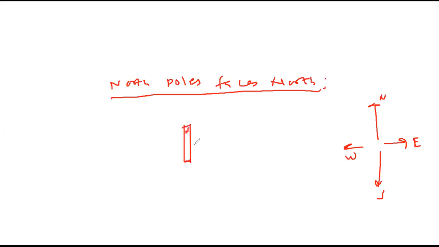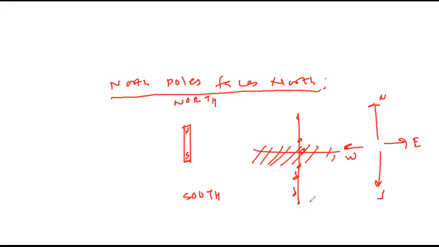This is north, this is south. Geographically also above is north and below is south. Now we have to draw the magnetic lines from the magnet indicating the neutral point. Where will the neutral point be? The line passing through the south pole and north pole of the magnet is called the axis, and this is called the equator. So where will the neutral point be, at the axis or at the equator?